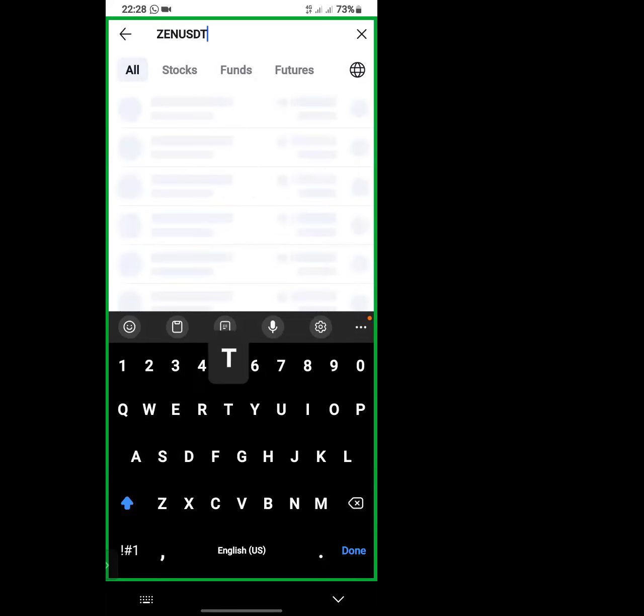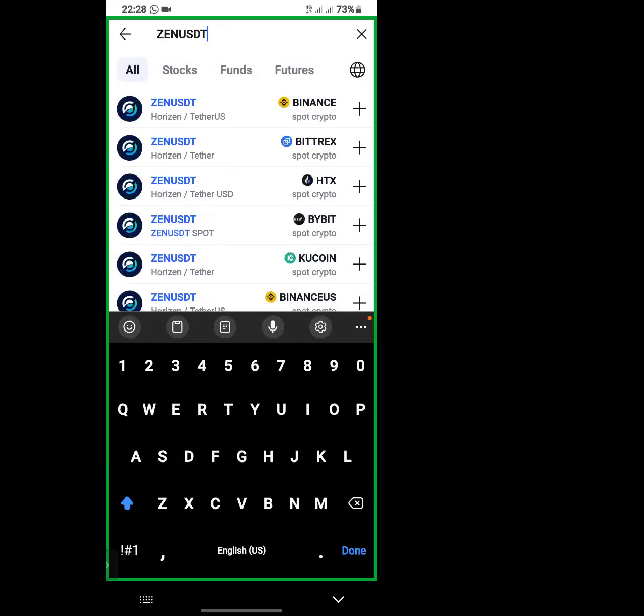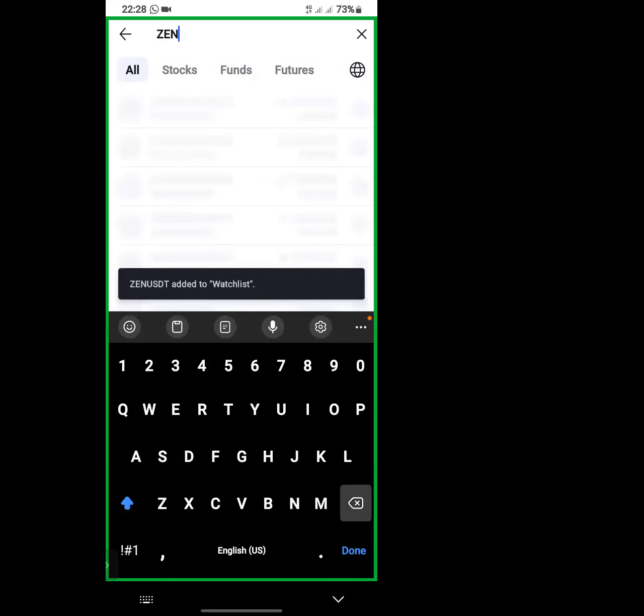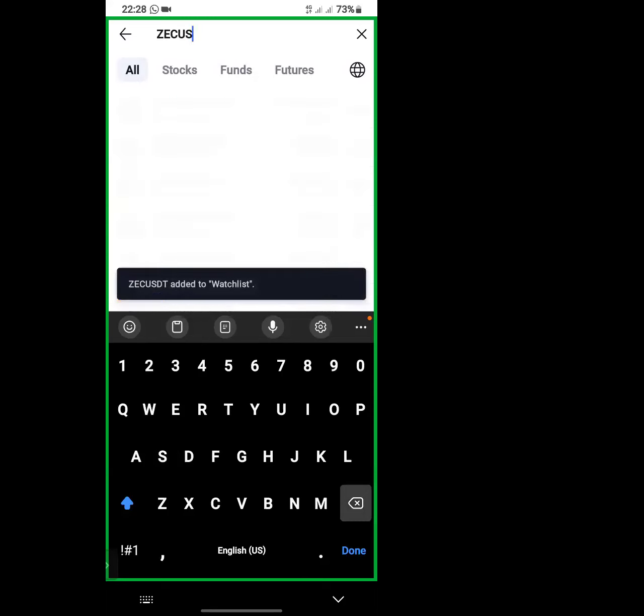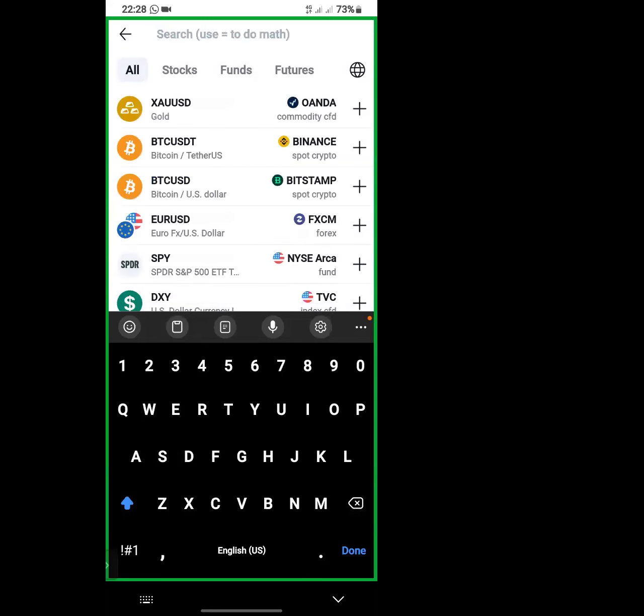Zen USDT. What else? I'm looking for those favorite coins.